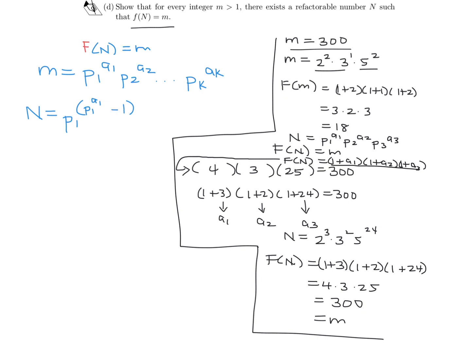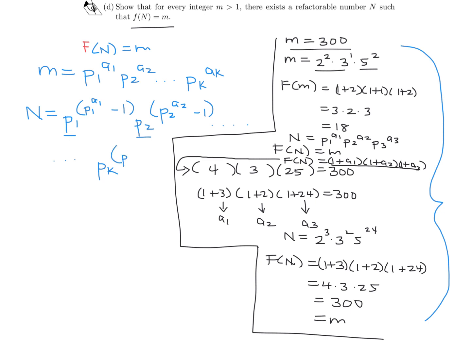You can look over here to see how I figured that out, and it will become clearer once I figure out f at n. And similarly, p2, I'm pretty sure these don't really matter, but I'm just going to use the same ones, p2 to the power of a2 minus 1. And then you keep going like that, all the way to pk to the power of ak minus 1.